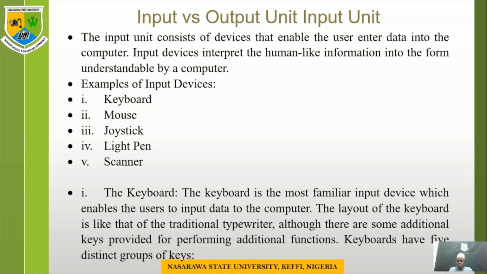So when you enter this M, the interpreter working with the input device will interpret this M into a form that the computer will understand, some combination of zeros and ones, and it will appear on your screen.